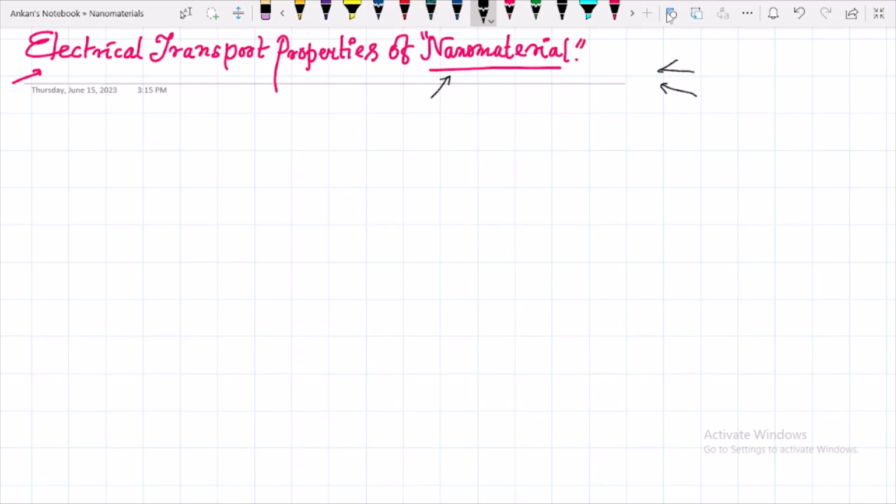Okay, so without wasting any time, let's get back to our discussion, that is, the electrical transport property of nanomaterial. Now the two important things that we have to consider here are the single electron tunneling effect and the quantum size effect.